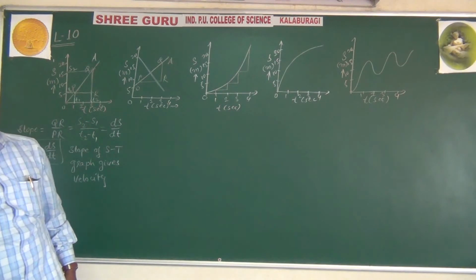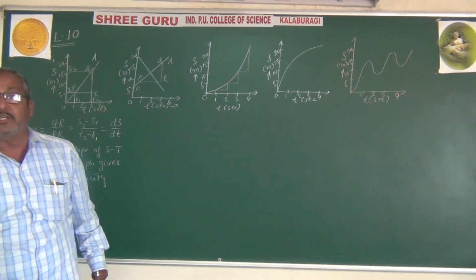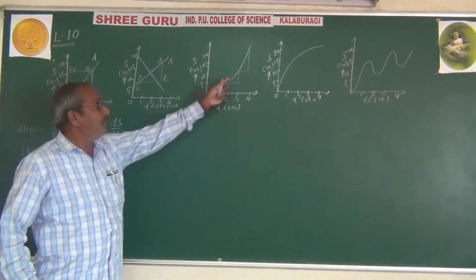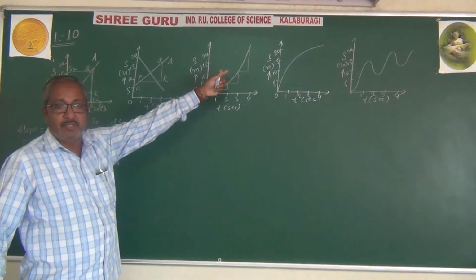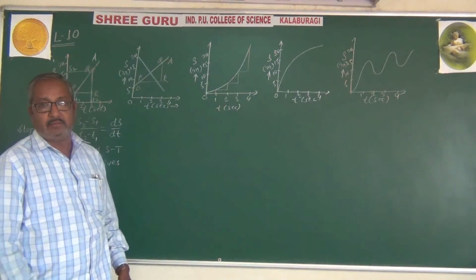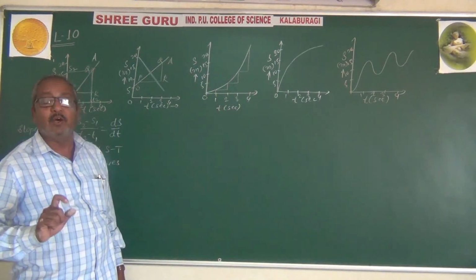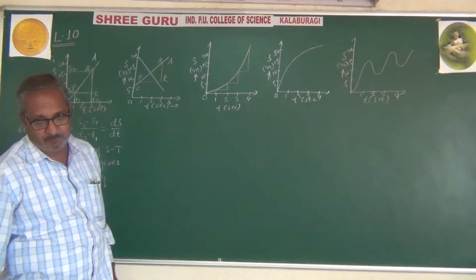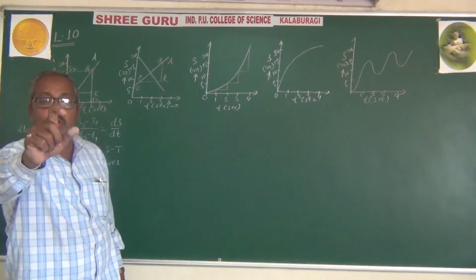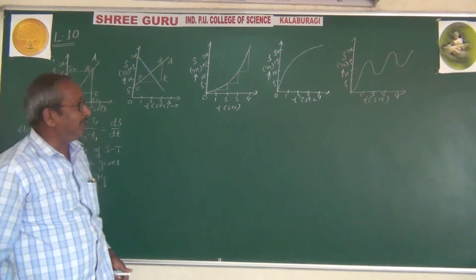The change in velocity with respect to time gives the acceleration. So this curve shows that the body is moving with increasing velocity, which means the body is moving with some acceleration.